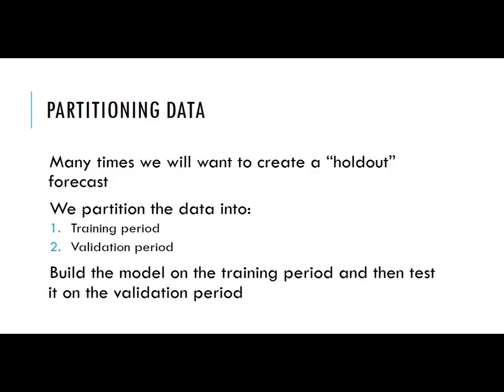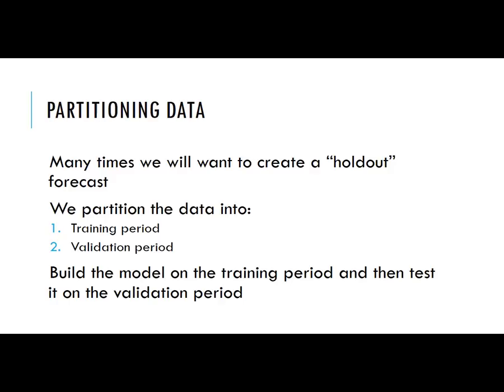So what we'll do is we'll build or fit the model on the training period and then test it on the validation period. So test it on stuff it has not seen yet. And then look at the accuracy metrics on just the validation period to tell us whether or not we think it's a decent model that we could use.